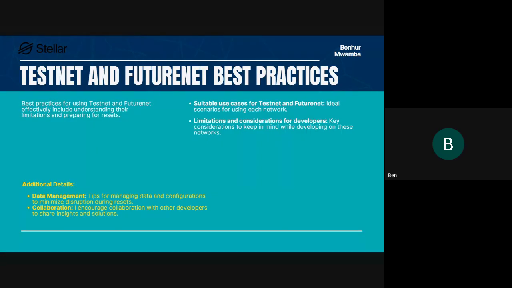Let's say you are building a smart contract and you want to deploy it on the mainnet. What network are you going to use to test your smart contract before deploying it to the mainnet? Is it going to be the testnet or the futurenet?